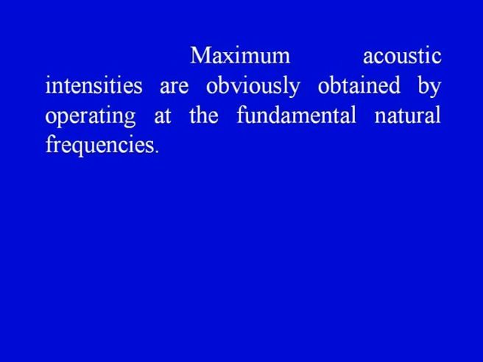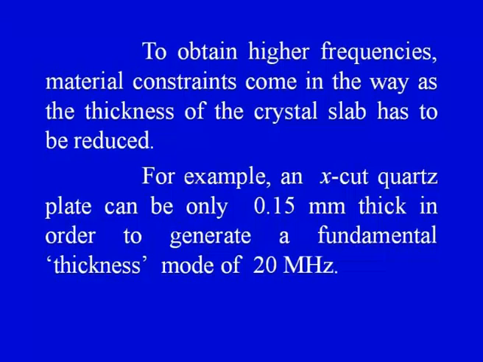Now, another feature, we know that maximum acoustic intensities are obviously obtained by operating these crystals at the fundamental natural frequency. Now, to obtain higher frequencies, material constants come in the way, as the thickness of the crystal slab has to be reduced. We know the frequency depends on 1 over t.